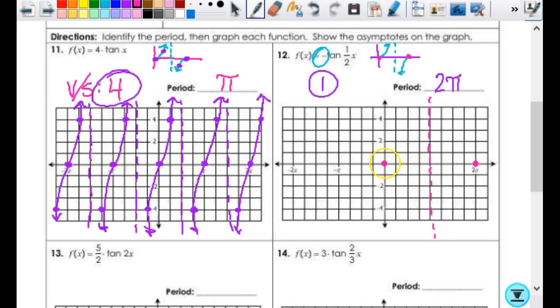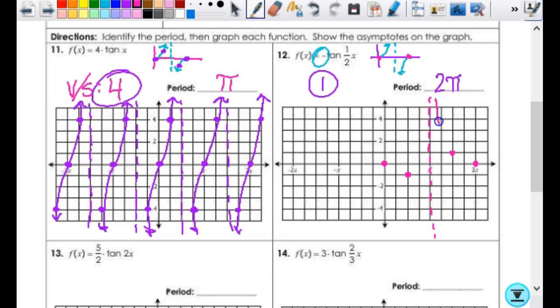Halfway in between this intercept and this asymptote, I'm going to have a y value of 1, but it's a reflection, so I'm here at negative 1. Halfway in between these two would be negative 1, but there's a reflection, so I'm here at positive 1. Okay, everybody okay with where all that came from?